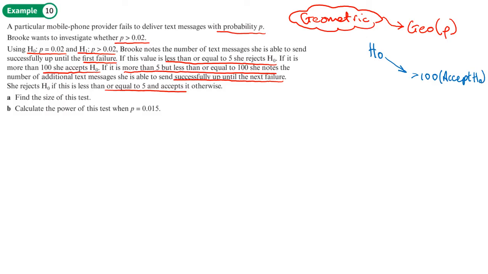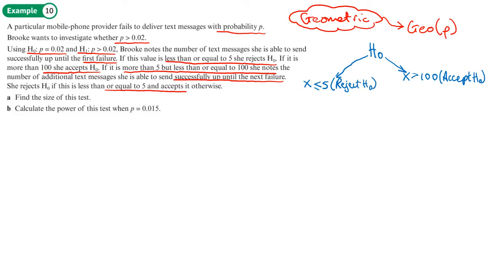And if it's less than or equal to 5, let's call this X, it tells us that she will reject H0.